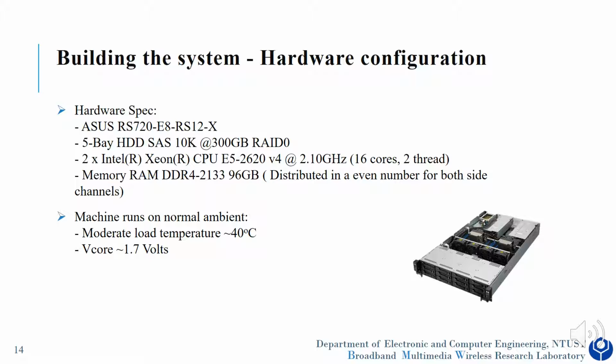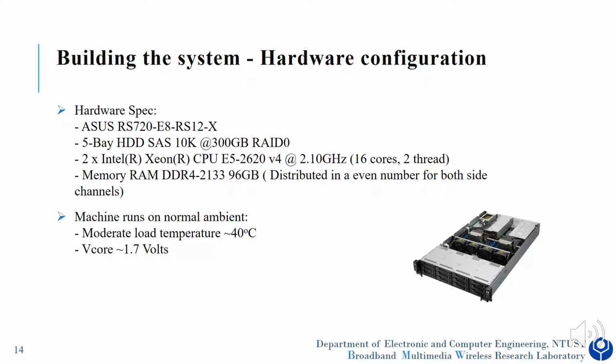Each of them has 300 gigabytes, and we use RAID 0 to achieve the maximum capacity. The reason is that at this stage, for the proof of concept, we set aside safety and high availability. We only use the high data capacity to support all of the services.